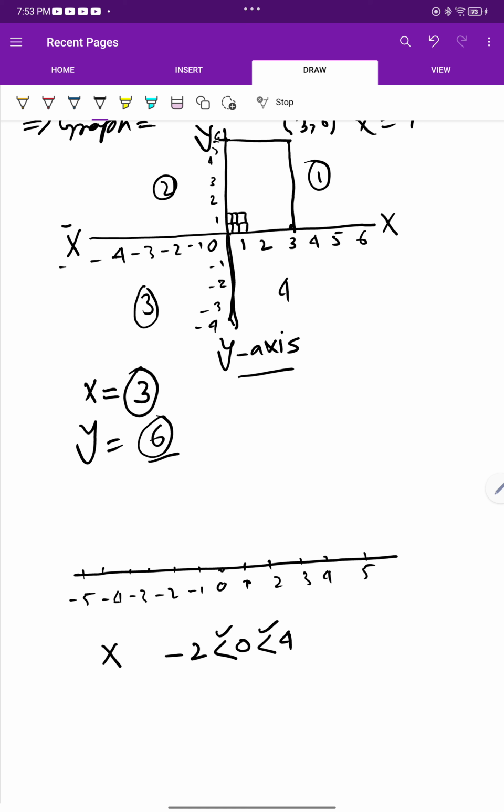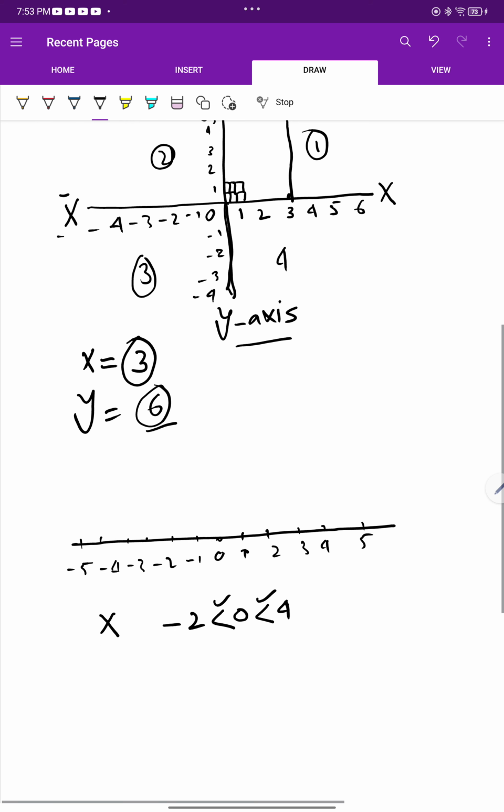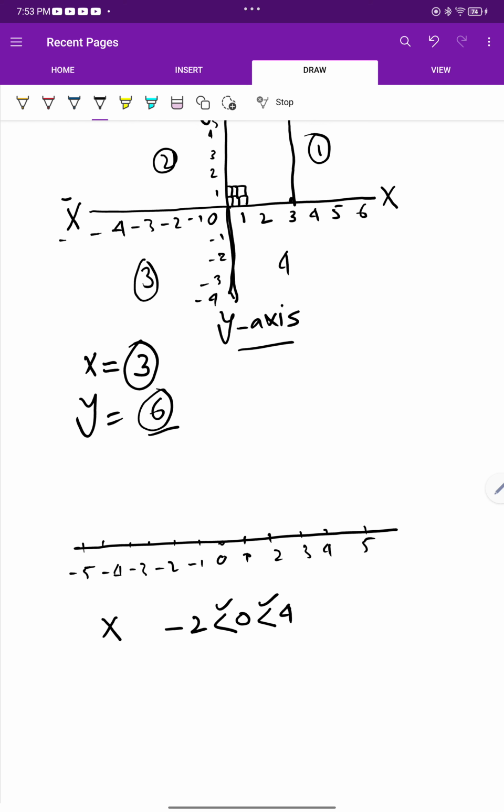So this is usually less than, greater than. You also have to come across such numbers. If sometimes you come across a sign like this, this is less than, this is greater than. So minus 2 is not included because it's less than. Then you're going to use this sign. This is also called a real value number.